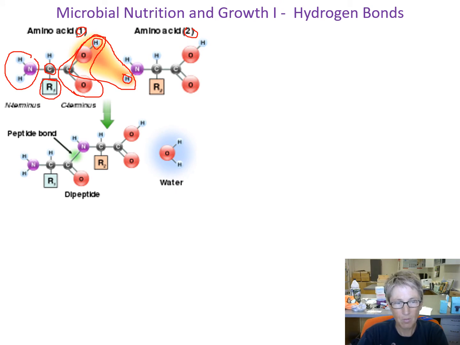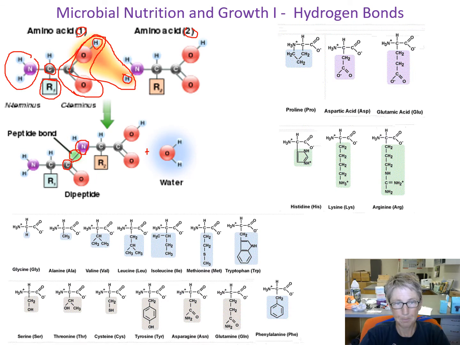And then you form this thing called a peptide bond. The peptide bond is between the carbon in the carboxyl terminus of amino acid 1 and the nitrogen in the amino terminus of amino acid 2. And then you have this water molecule that was removed to form the peptide bond.